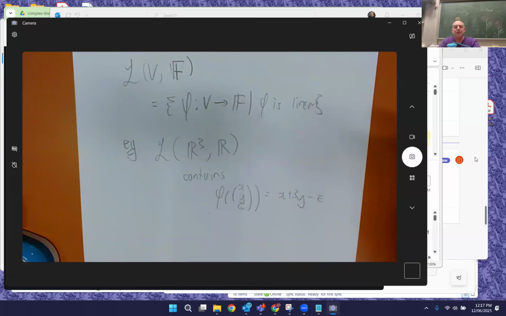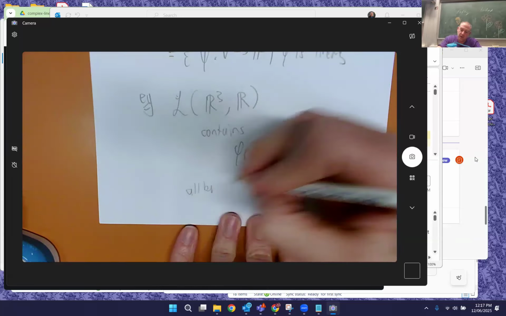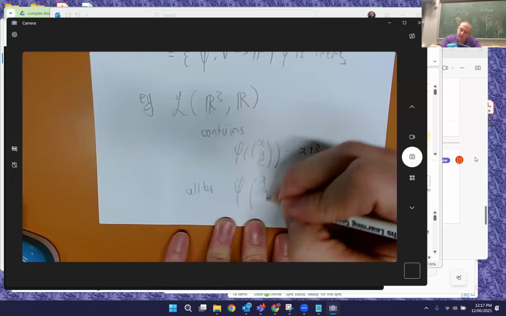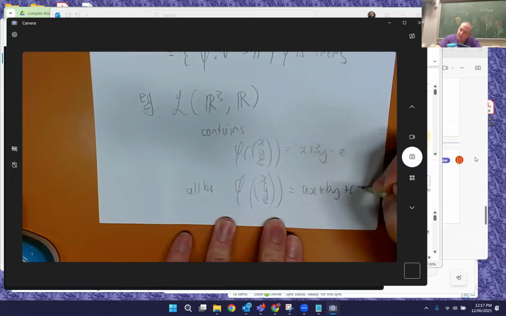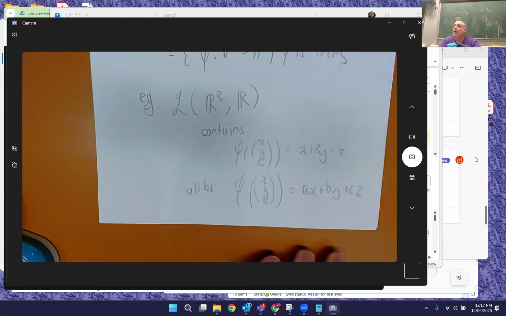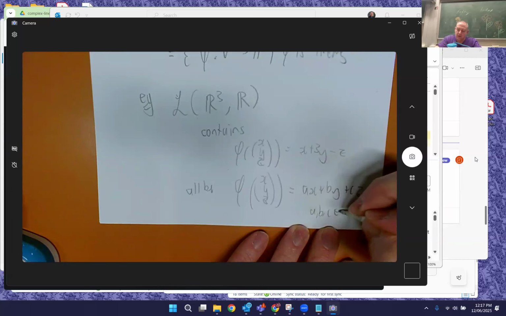Just checking. And in fact, they'd all look like that, just with different coefficients. So they'd all be something like phi of x, y, z is ax plus by plus cz for some a, b, and c. They'd all look like that somehow. Okay, a, b, c.